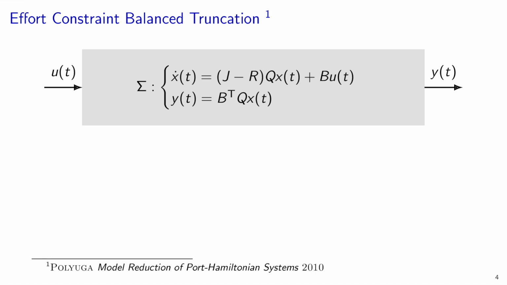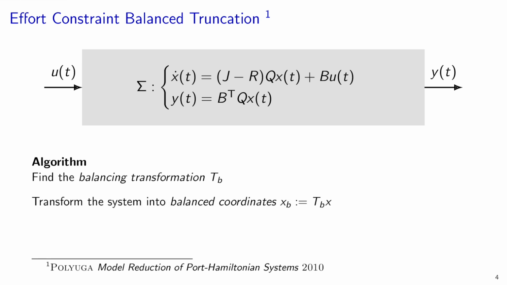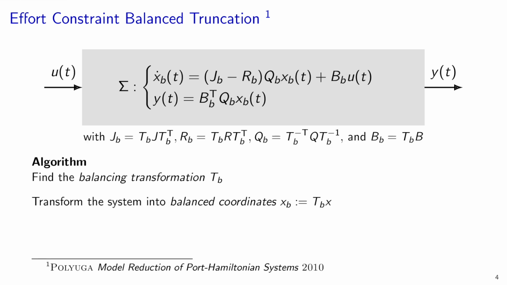Here we start with our given large-scale system, compute the ordinary balancing transformation which can be used to rewrite the system in balanced coordinates, such that now the dynamics is mostly captured by the first few states. This transformation preserves the port-Hamiltonian property of that system, as it just leads to congruence transformations of our constrained matrices.